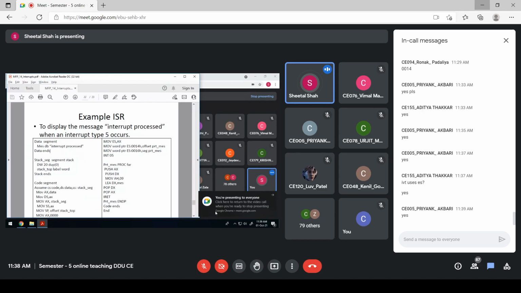Are you getting this? In that case, I need not write int 0 or int some other interrupt value. If I'm trying to divide a number by 0, that interrupt would be automatically generated. You need not write. In this example, we are explicitly writing this. But actually, we need not write here. Is it clear?